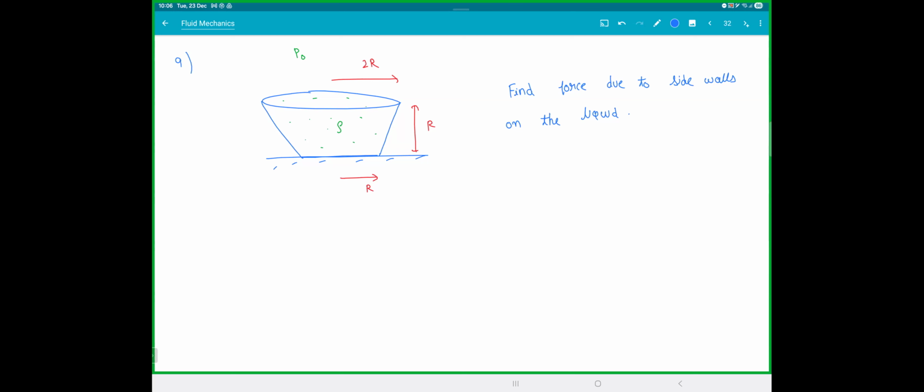Srihari, that's not the answer. How did you even get that so fast? And your dimensions are not matching. You just got rho g r, which is a pressure term. The forces, dimensions are not matching.